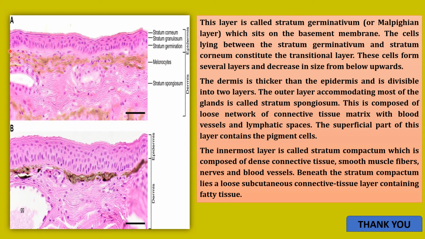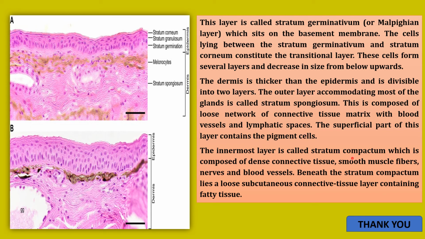Now the next one is a separation layer that contains chromatophores or pigment cells, and melanocytes. Now next, dermis starts. Dermis consists of two layers: stratum spongiosum and stratum compactum. Stratum spongiosum consists of a loose network of connective tissue matrix, blood vessels and lymphatic spaces which contain lymph, a colorless fluid.